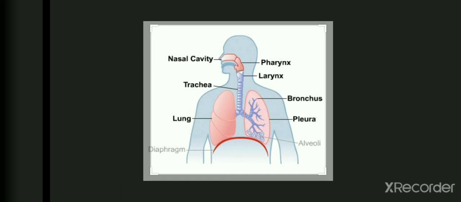The trachea is the windpipe located inside the neck. Trachea divides into two branches called bronchi. The bronchi enter the lung and are called primary bronchi. The primary bronchi divide further into secondary bronchi. Secondary bronchi divide into tertiary bronchi. And the bronchioles lead to the alveolar ducts. These alveolar ducts open into a wide space called the vestibule.